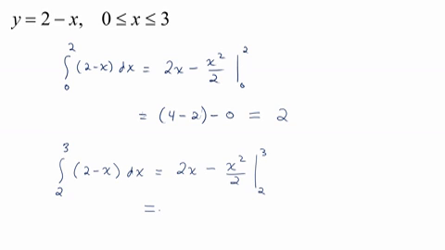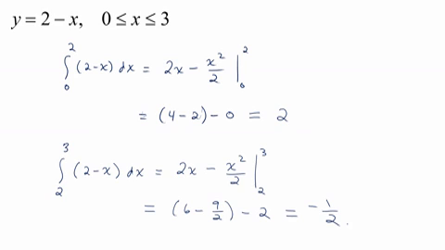So substituting 3 in first, we would get 6 minus 3 squared over 2 is 9 halves, minus what we get when we substitute in 2, which we kind of did in the first definite integral, and when we substitute a 2 in, we got a 2. And so when we do the arithmetic, 6 minus 9 halves minus 2 becomes negative 1 half. Now that area is negative because it's below the x-axis.